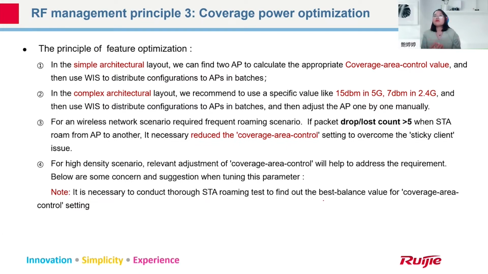First, you have to make the connection and use your phone to test whether the signal is better to connect with the other AP when moving. Second, you also have to test the drop count. And later when you do the coverage, maybe someone says the signal is too weak or poor for them, but it still doesn't roam and packets are lost. In this scenario, we also have to change the coverage area control parameter.